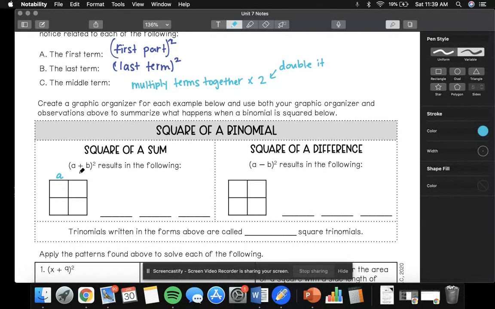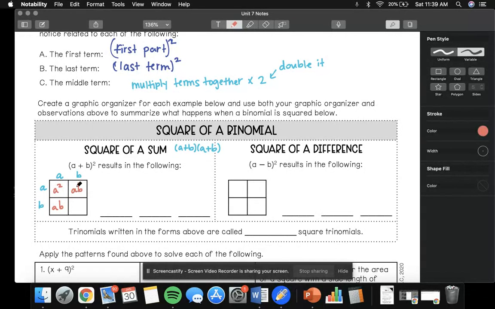So that means we would have A plus B times itself twice, so I'm going to write A plus B again. Squaring a sum means we are taking the same exact thing and multiplying by itself twice. Now let's multiply: A times A, which is A squared, A times B, which is AB, and B times A, which is AB.